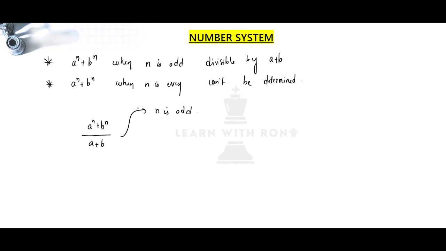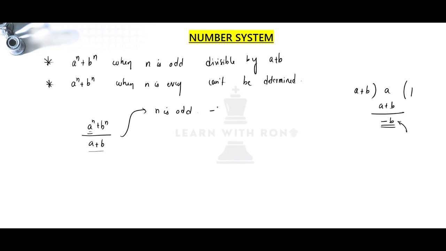See here. When a is divided by a plus b, what is the remainder we get? Minus b, right? I'll show. When a is divided by a plus b, you get a plus b once, and a minus of a plus b gives minus b as the remainder. So in the place of a, I can write minus b.